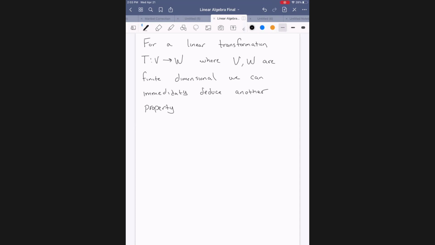And what is that property? Well, the property is onto, the idea of surjective, right?